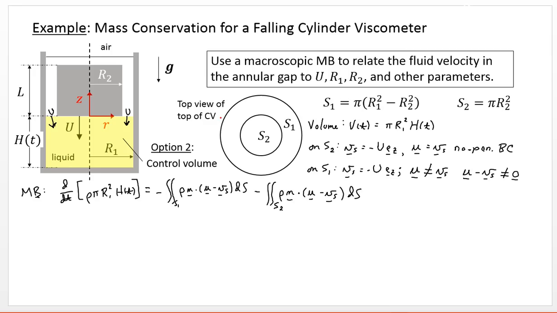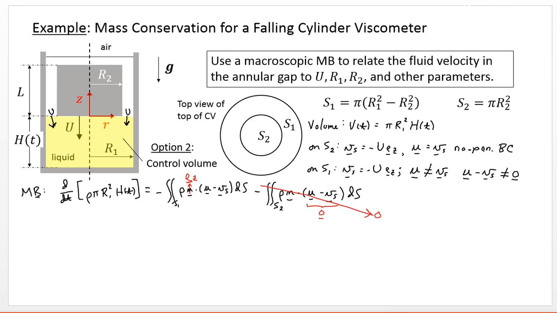Now, as we've said, u minus Vs on S2 is equal to 0 because of the no penetration boundary condition, and so the entire integral over S2 vanishes. On S1, we know simply that n is equal to the unit vector in the z direction. And so now we can simplify this a little bit.